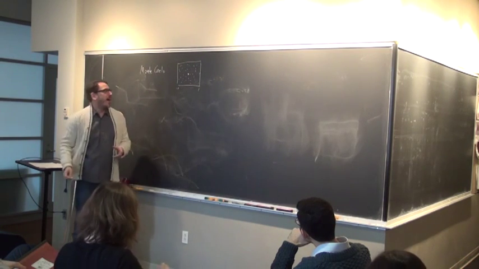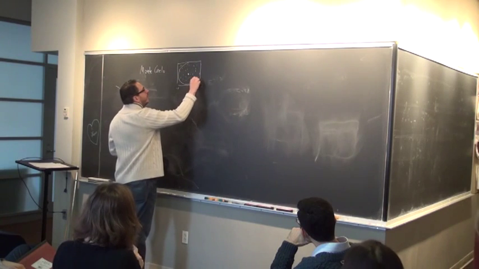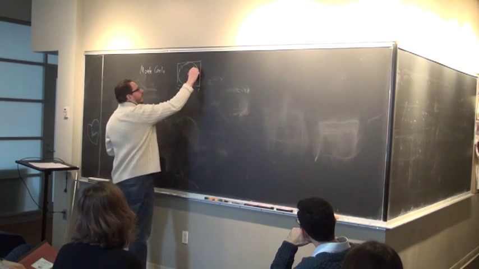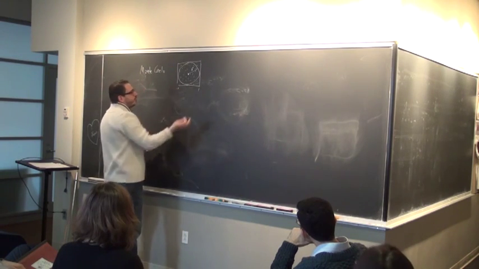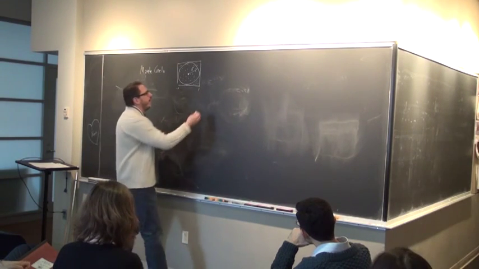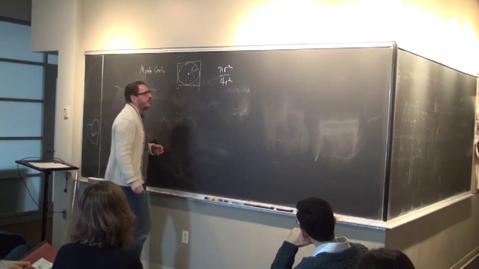I also know how to calculate the area of a circle of radius R. I know the ratio of the areas would be pi r squared over 4 r squared.